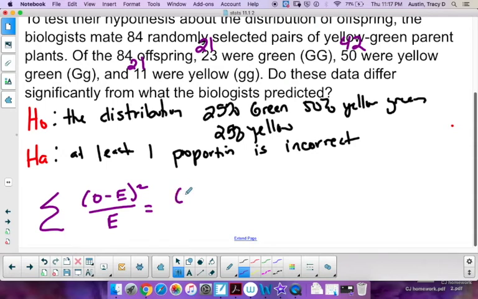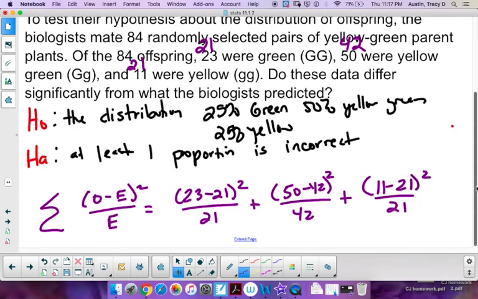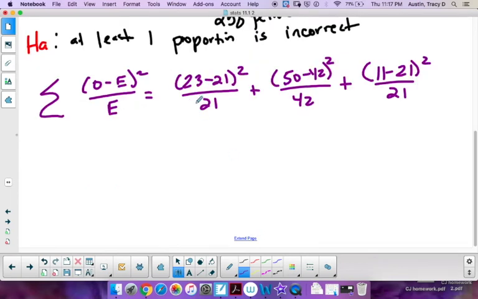So let's see, 23 minus 21 squared divided by 21 plus 50 minus 42 squared divided by 42 plus, let's see, observed minus expected squared divided by expected. Okay. So all grand total, that would be, what is that, 4 over 21? 12, right?